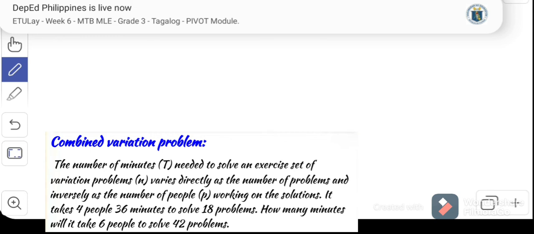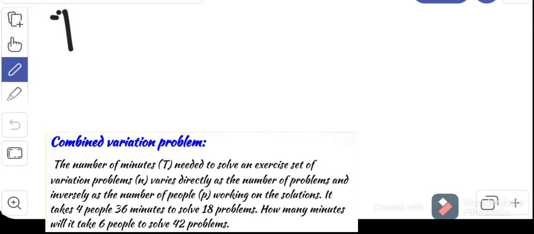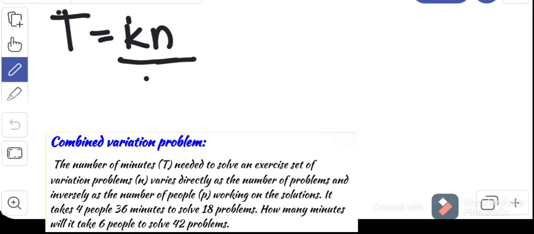So it says T is needed to be solved, varies directly. So we have K, N with a number of problems, and inversely with the number of people.